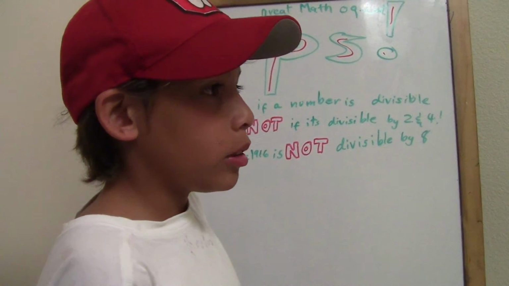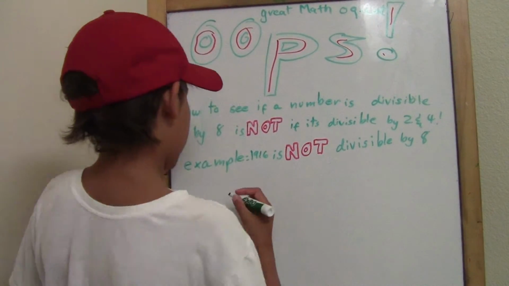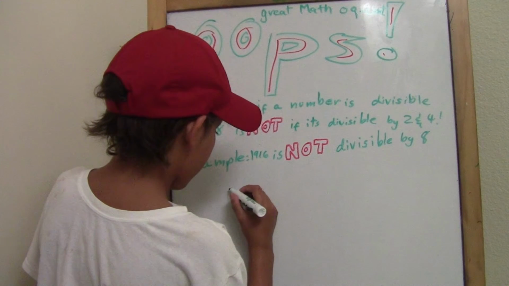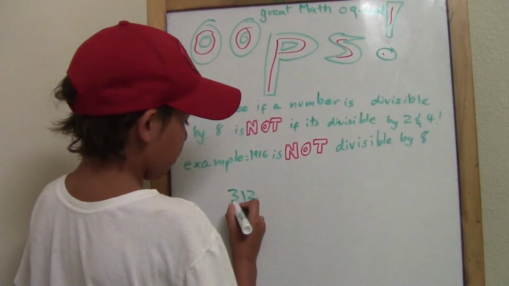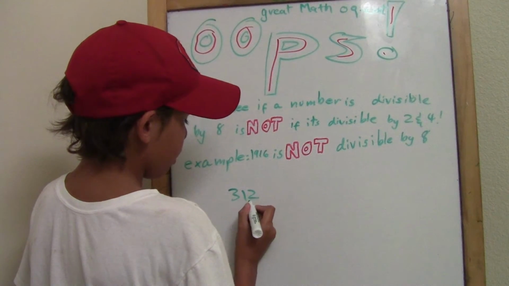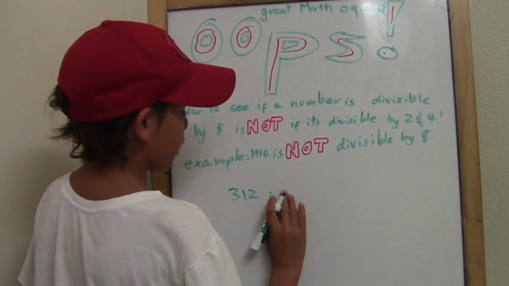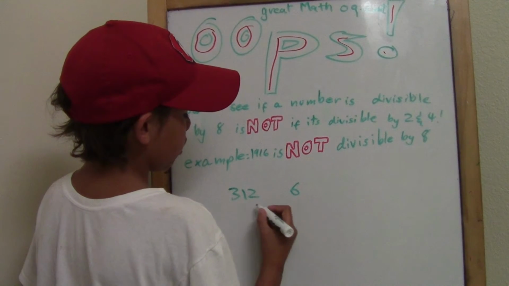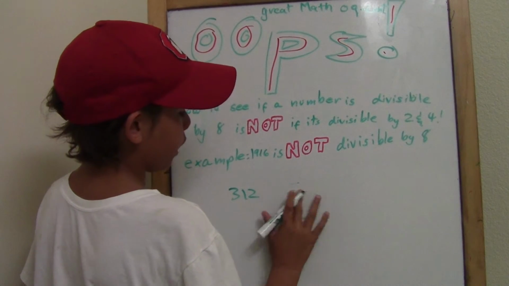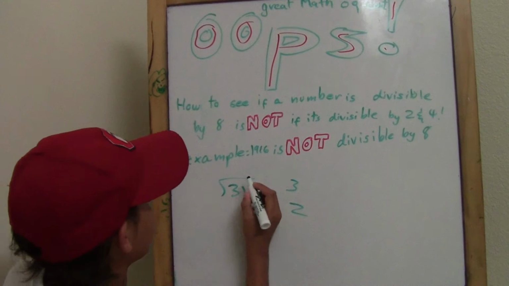Here, let me give you an example: 312. The digits add to 6, and it's an even number, so it is divisible by 2 and by 3. Those are the only requirements.